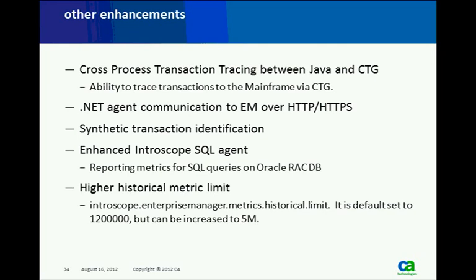We've also enhanced the Interscope SQL agent to be able to better handle some of the queries and the JDBC connect strings specific to Oracle RAC, and also upped our historical metric limit to 5 million.